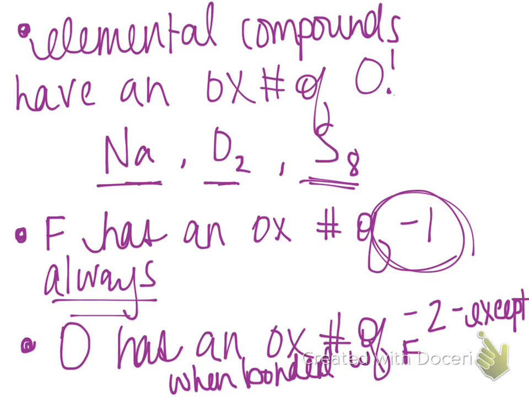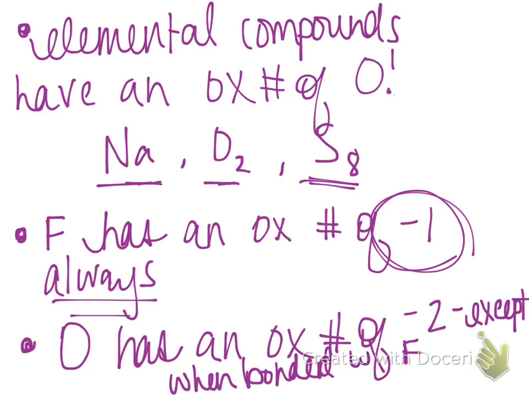Oxygen has an oxidation number of -2 except when bonded with fluorine, because if it's bonded with fluorine, fluorine takes it, right? Fluorine has a -1 charge. Otherwise, in most cases, oxygen still has its oxidation number of -2, which is its usual charge.